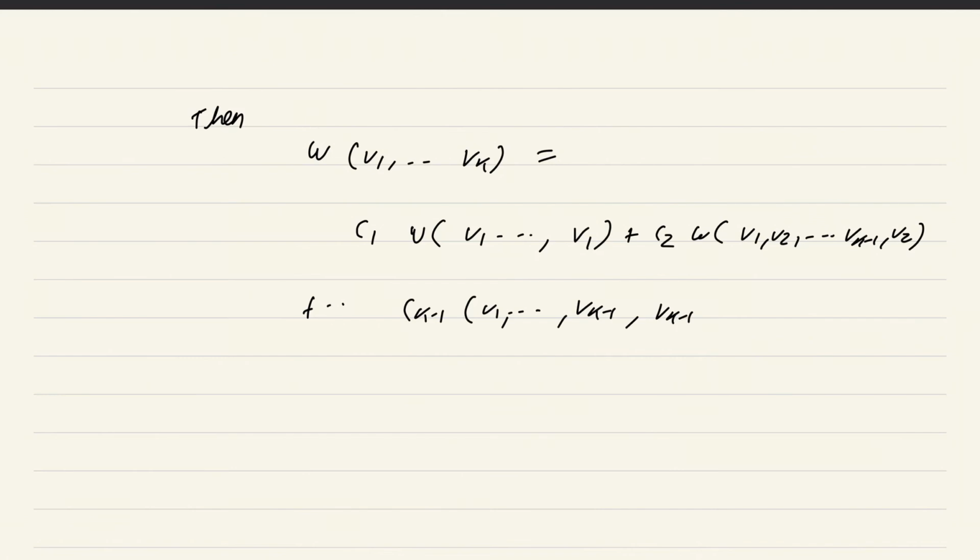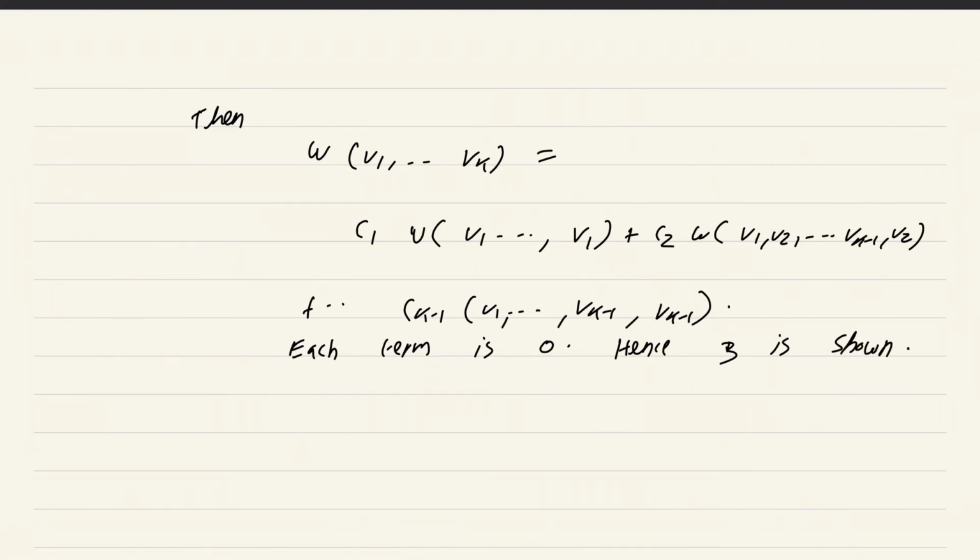I'm just using the multilinearity in each of the slots. Each term is 0 by hypothesis. So hence 3 is shown. All of these are just elementary arguments.